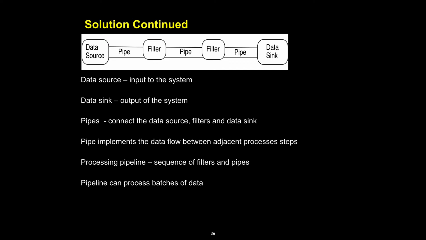When I do an ls, it's going to push the output to the next thing in the stream. But we could have just the reverse, where our data sink asks for the next value, right? I need the next answer, and then it pulls data. It asks the filter, give me your next thing, and that filter asks the previous filter, give me the next thing, and the filter then asks the data source, give me your first thing, give me the next thing.